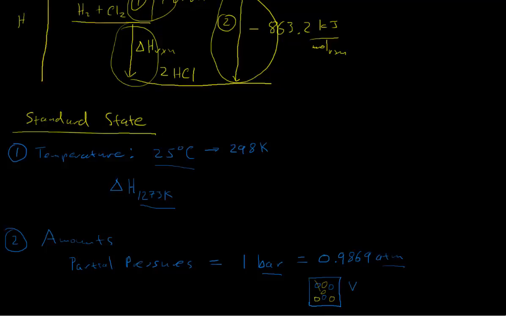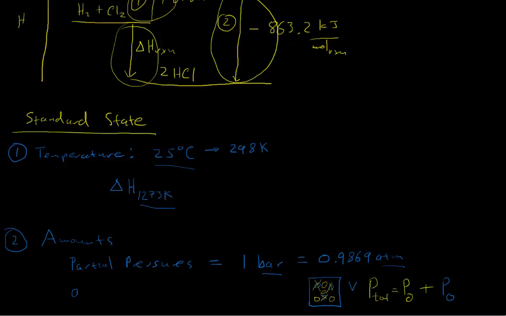So let's go in and pick out these blue molecules, take them away, and now we're going to measure the pressure inside that box for the yellow molecules, and that's the partial pressure of those yellow molecules. And then the total pressure would be the partial pressure of the yellow molecules plus the partial pressure for the blue molecules. Okay, so we add up the partial pressures of each gas, we would get the total pressure inside there. And what we want in terms of standard state is to have all pressures at 1 bar.